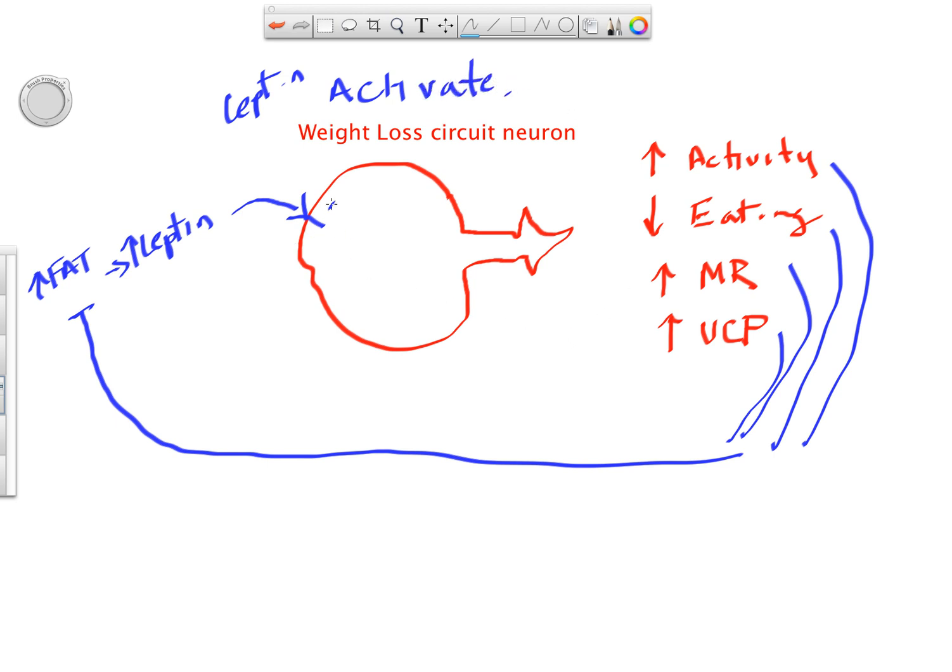How does it do that? Well, it does it in two ways. It closes a channel, and it opens a channel. You should, at this point in the term, I think, be able to guess what the channel identities are.